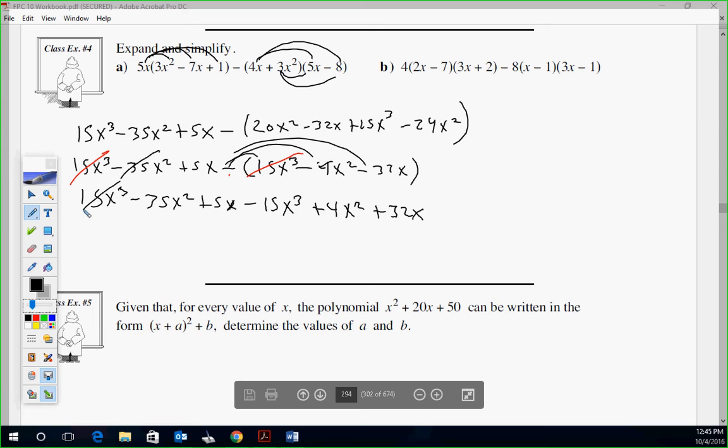So then this cancels. Negative 35 plus 4. 5 plus 32. So yeah, it did look weird, but I distributed on there. Okay, anything else? I'm going to erase this one so we can have room for the other one.